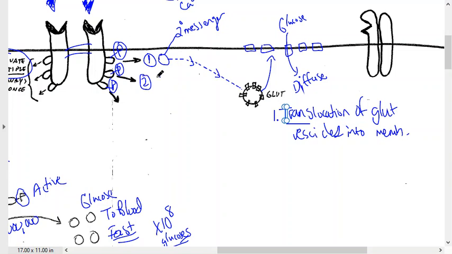Number two is going to activate a different second messenger. We're going to get a variety of responses here, so each kind of response is going to be a little bit different.